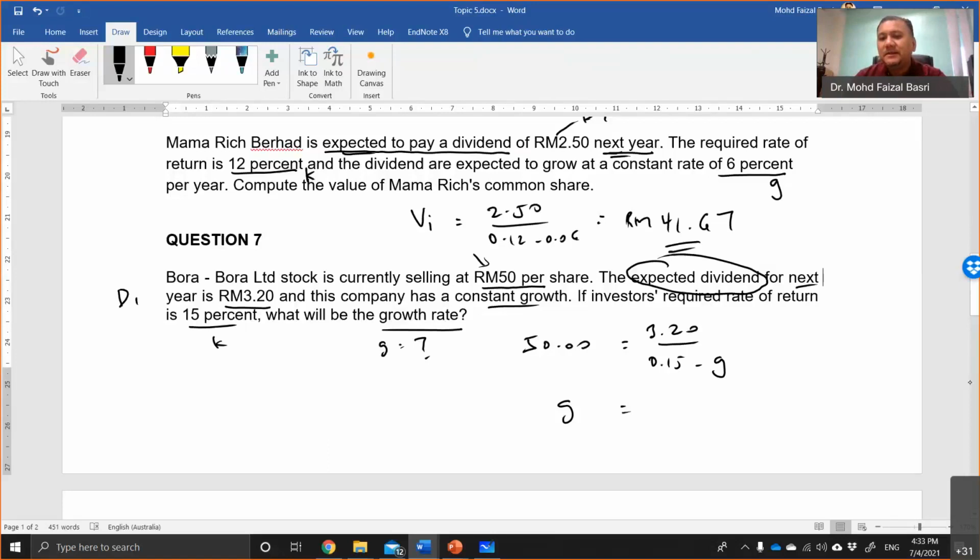You just multiply 0.15 minus G with 50 ringgit. So 50 times 0.15, then you get 50G. Bring this 50 times 15 cents to this side, knock off the negative values, and then divide back, then you get the rate.